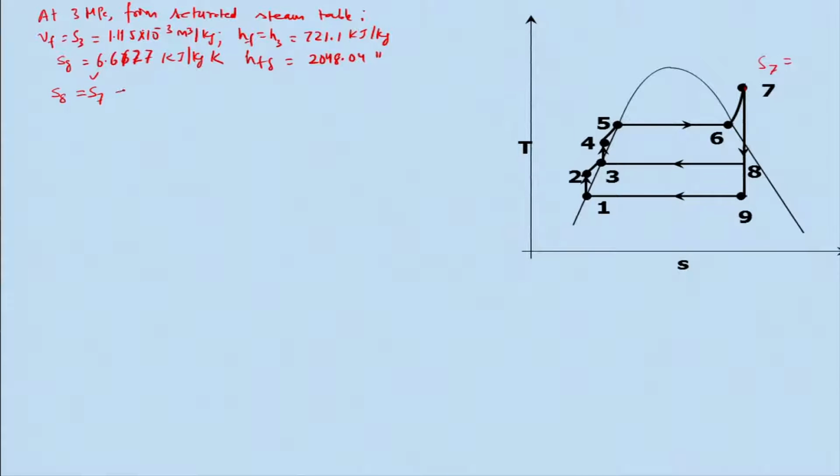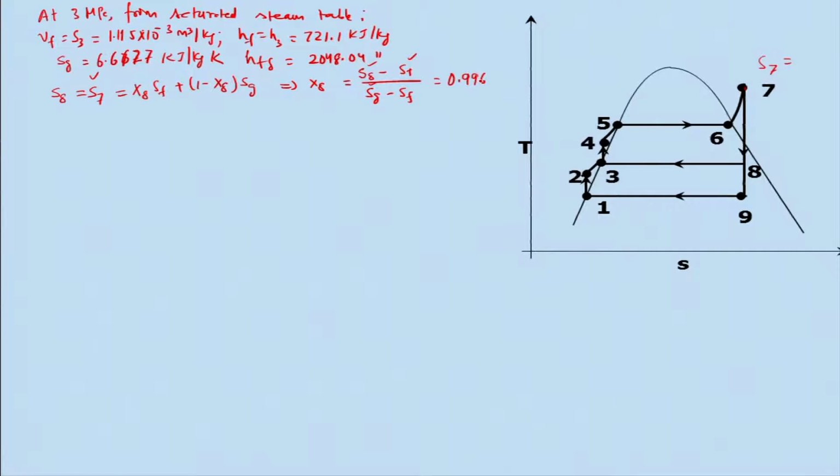So, that is equal to X8 SF plus 1 minus X8 SG. And from this I can get X8 is equal to S8 minus SF divided by SG minus SF. I know these values, S8 I know, SG I also know.